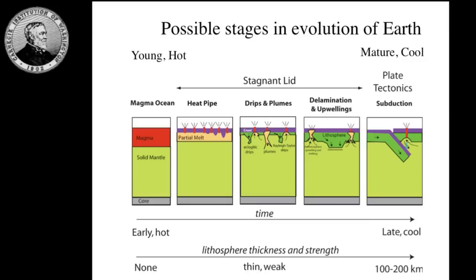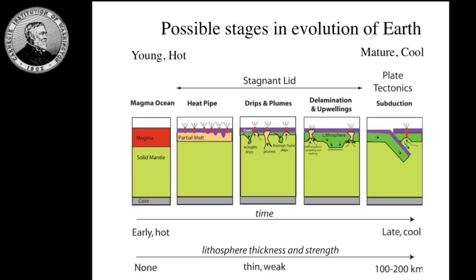So I think everybody agrees that early Earth had a magma ocean, and maybe it was at the surface and maybe it was at depth, but this probably developed some kind of a crust and then partial melt underneath it, and probably we had some kind of a heat pipe stage.